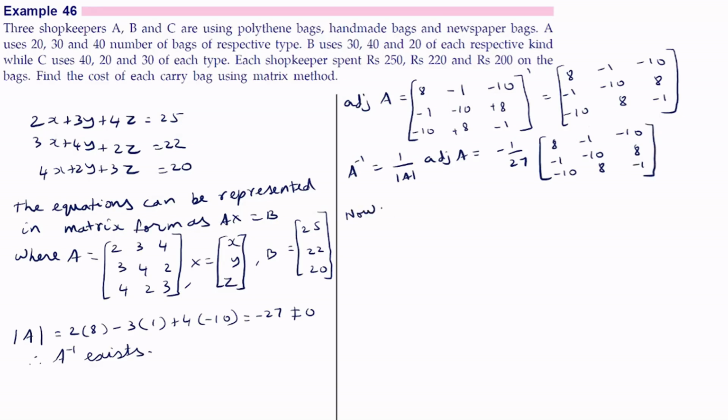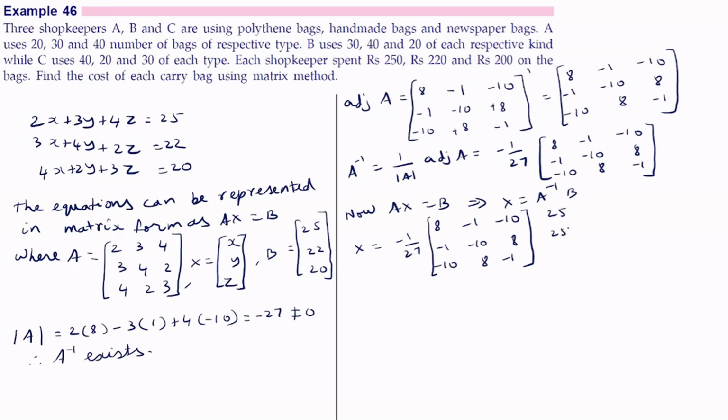And now we have AX equal to B. This implies X is equal to A inverse into B. So we can find X as A inverse, it is minus 1 by 27 into 8, minus 1, minus 10, minus 1, minus 10, 8, minus 10, 8, minus 1, into B, which is the constant matrix. It is 25, 22, 20.